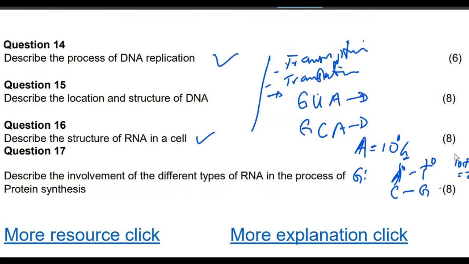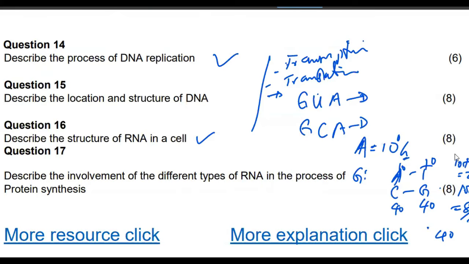Since this is percentage, I'm going to say 100 minus 20, which means 80%. So it's going to give us 80% for these two, divided by 2, which is 40%. So this is 40, then this is 40. So this is just a simple recall.